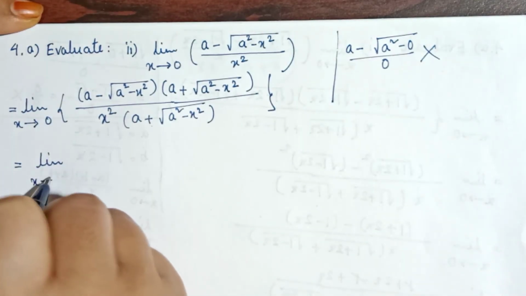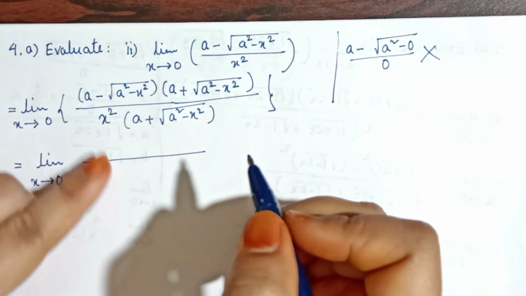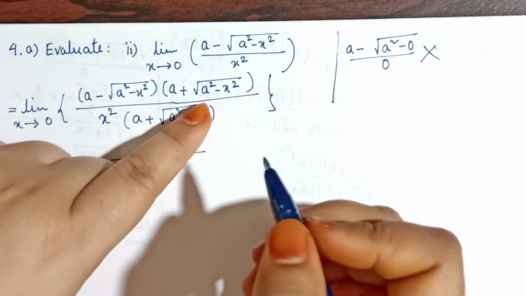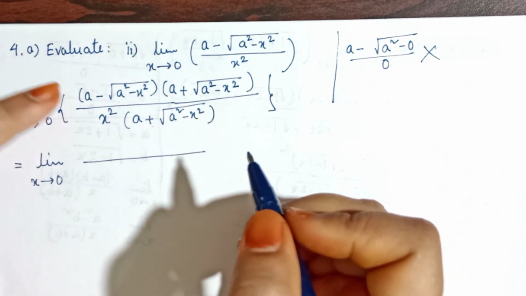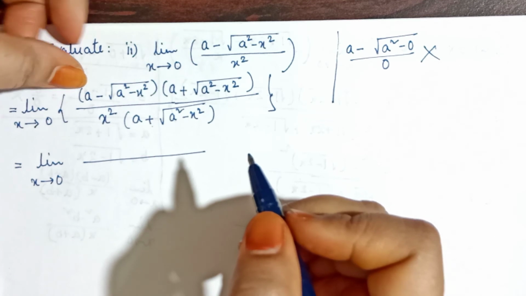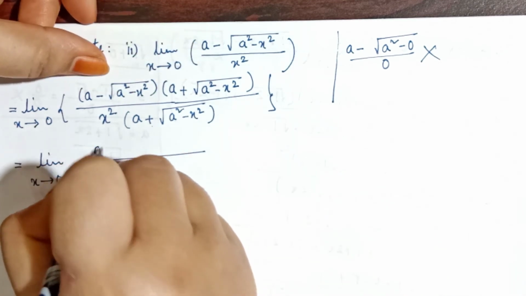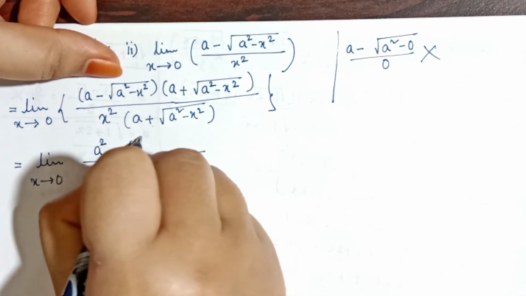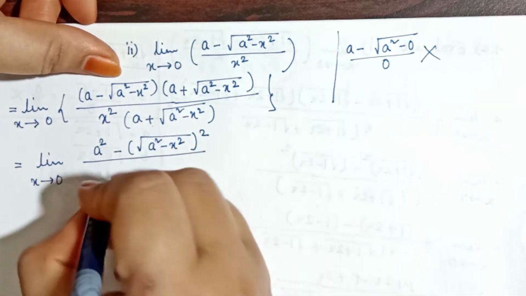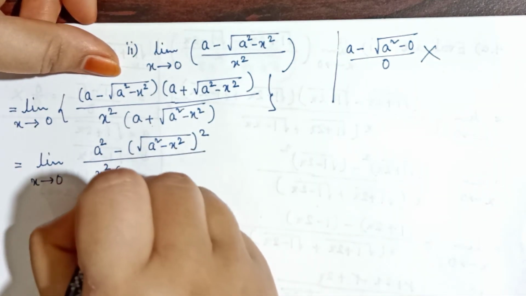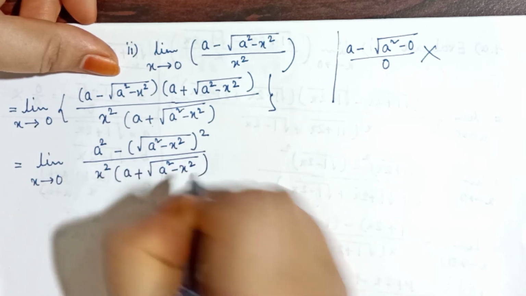Now limit x tends to 0. Now this is a minus b into a plus b. So here we can write down a square minus b square. So it becomes a square minus root over a square minus x square whole square divided by x square into a plus root over a square minus x square.